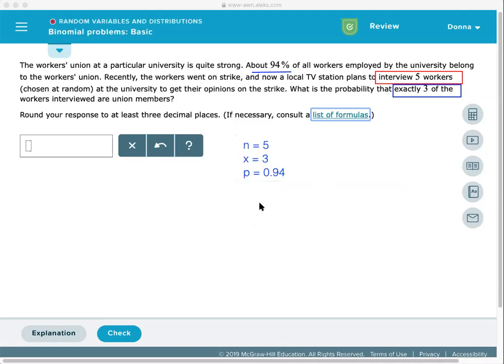Our formula from MathType said that it was equal to n choose x times p to the x power, and then 1 minus p to the n minus x power.